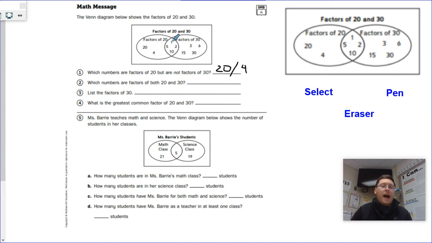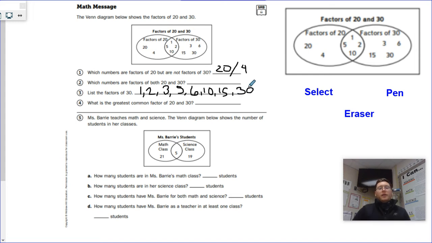I like to start from the lowest number and go all the way up. So 1, 2, 3, 5, 6, 10, 15, and 30.